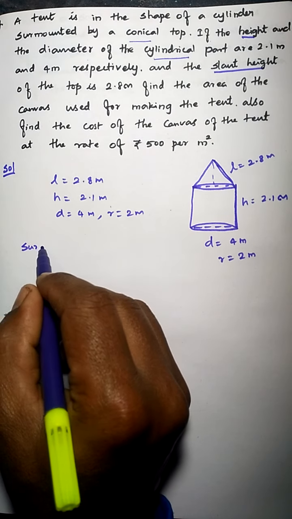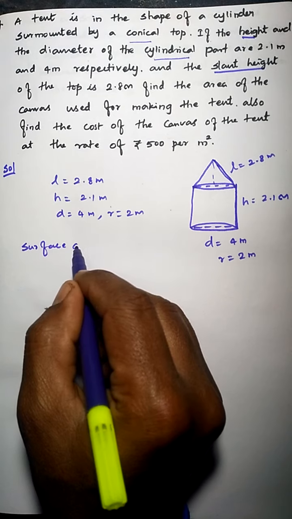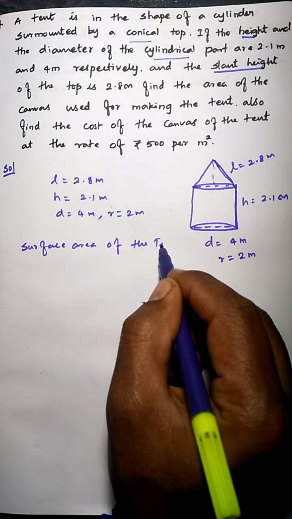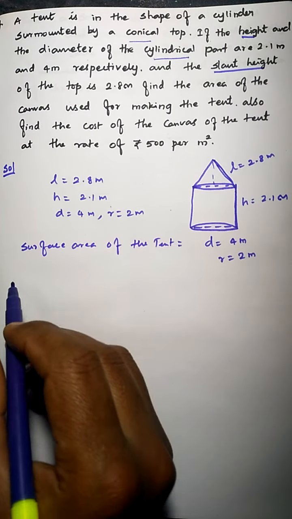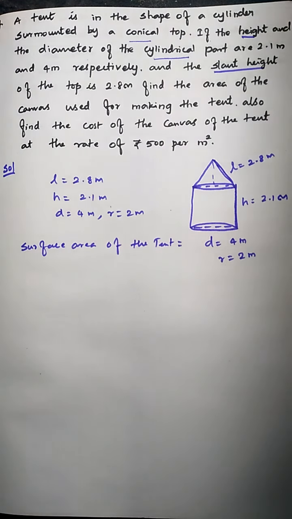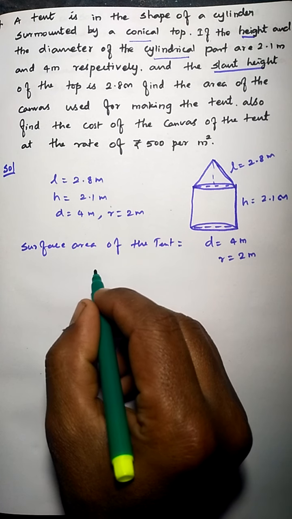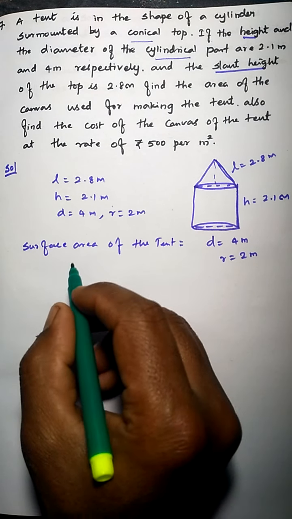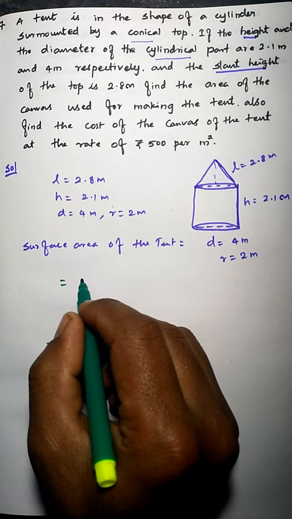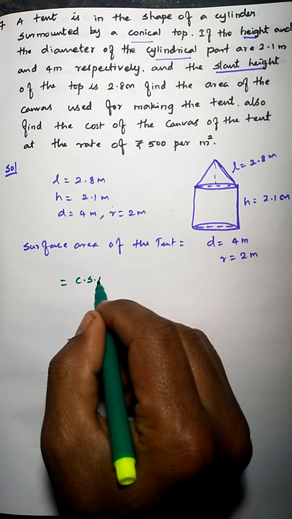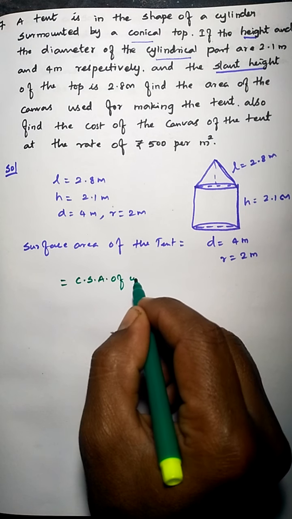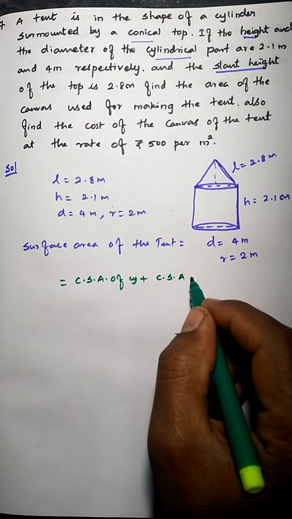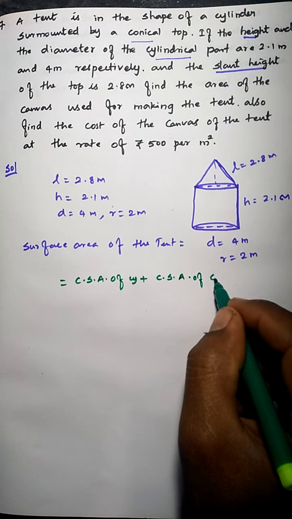Surface area of the tent equals, we have two parts here. Part 1 is the cylinder. So CSA, curved surface area of the cylindrical part, plus CSA, curved surface area of the conical part.